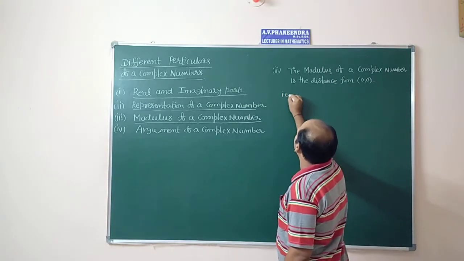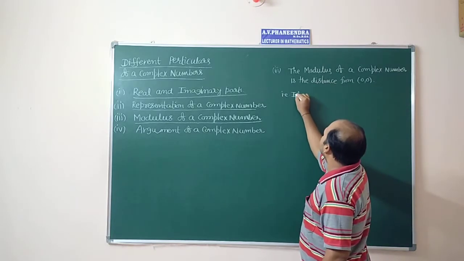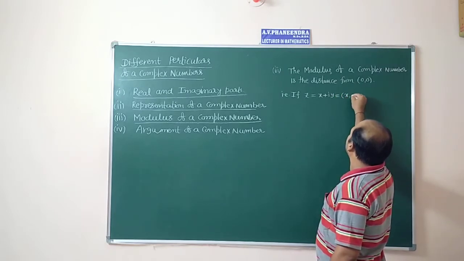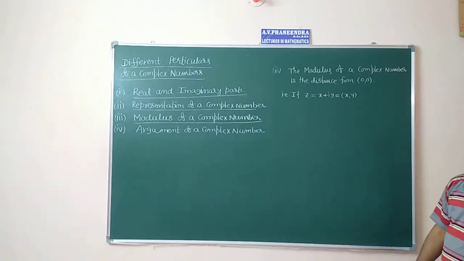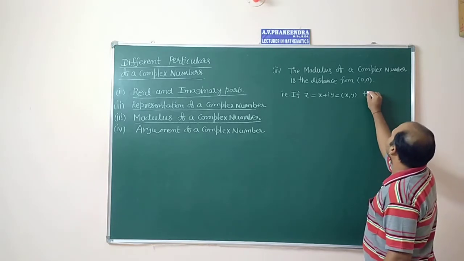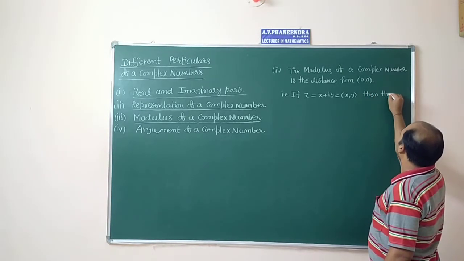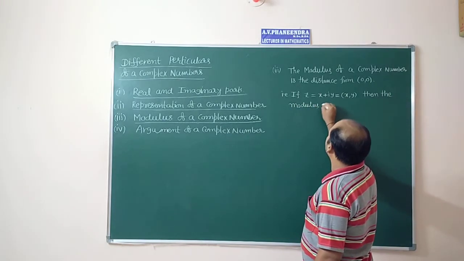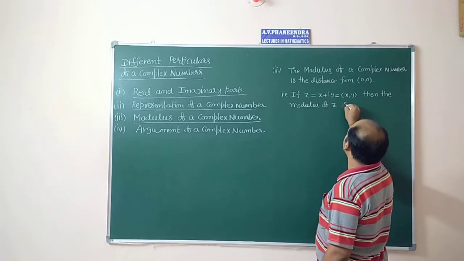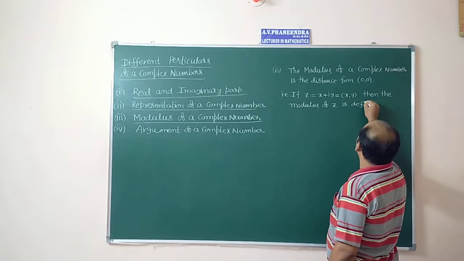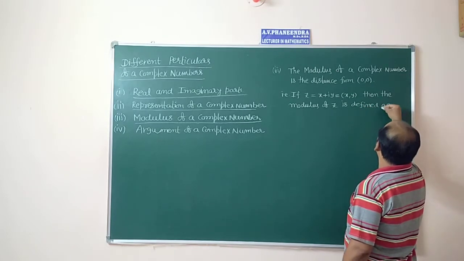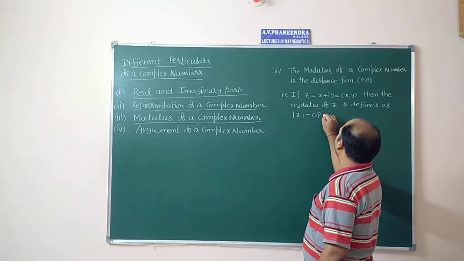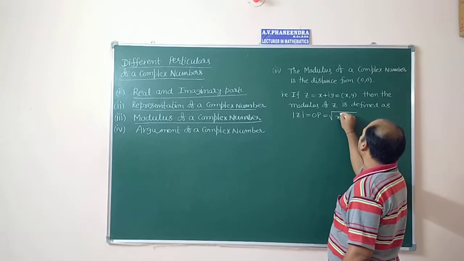That is, if z is equal to x plus iy, that can be expressed as x comma y. If z is equal to x comma y, then the modulus of z is defined as mod z, which is equal to OP, which is equal to the square root of x square plus y square.